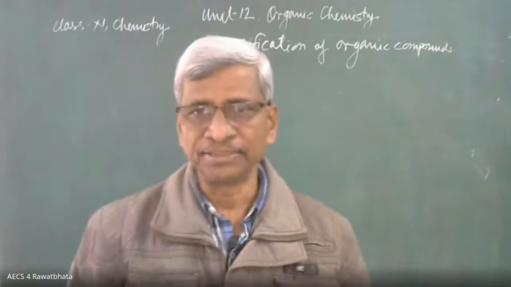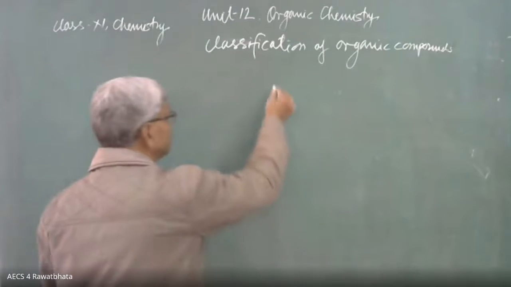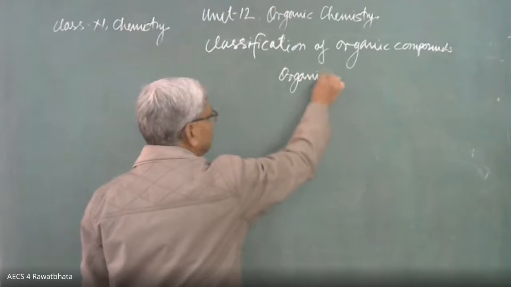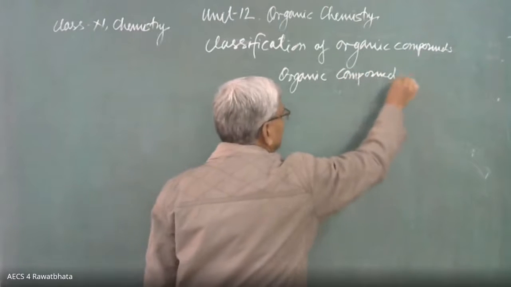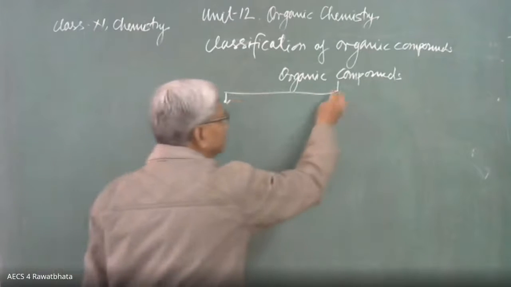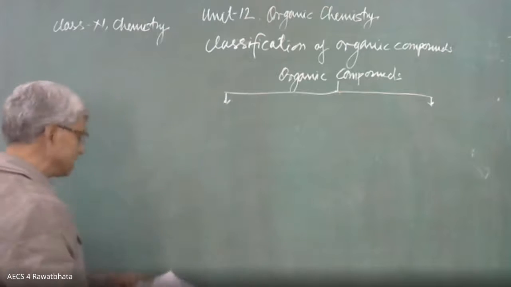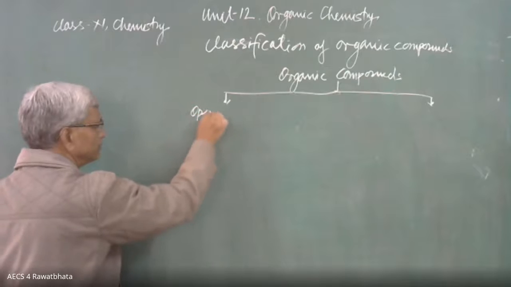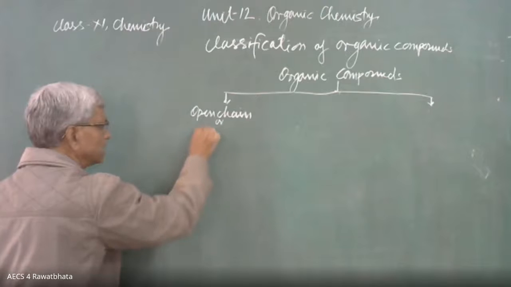One way, which is very simple and common, is that organic compounds are classified into two types. One is called open chain or acyclic.